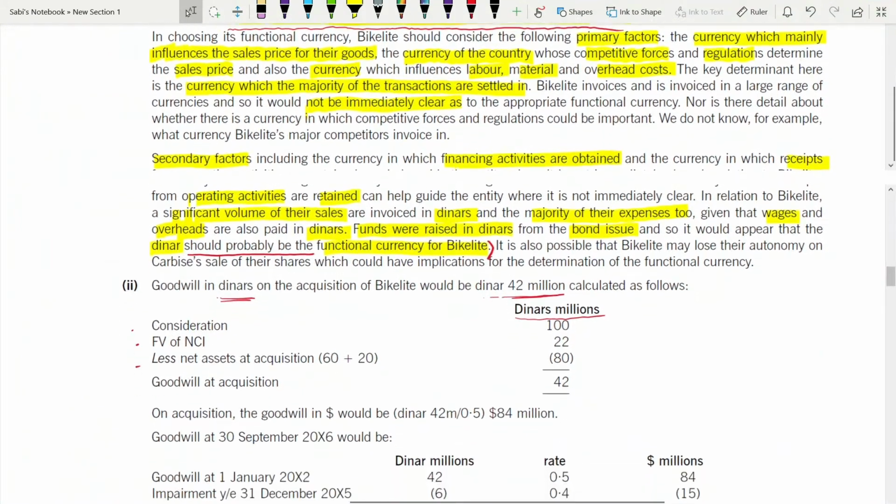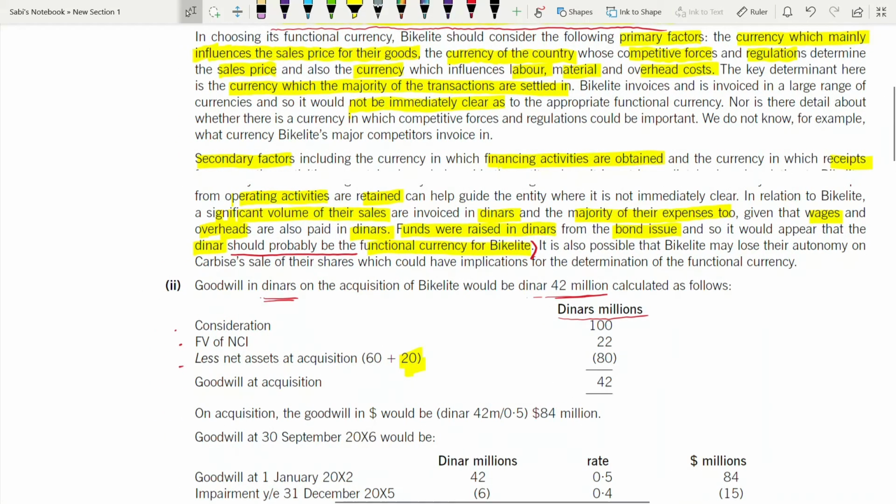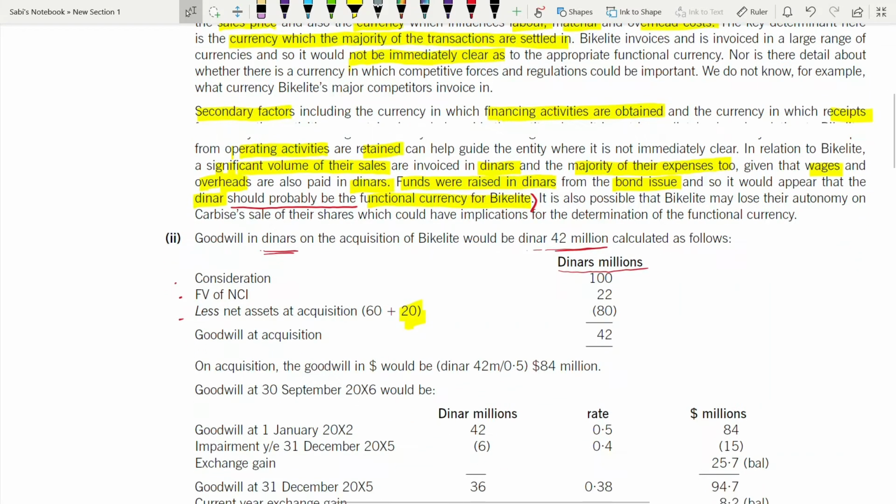So goodwill: consideration is 100, fair value of NCI is 22, net assets 60 plus 20 because of that building adjustment. So goodwill at acquisition is 42, but this is in dinar. You have to take it in dollar as a parent company, because the parent company's functional currency is dollar.